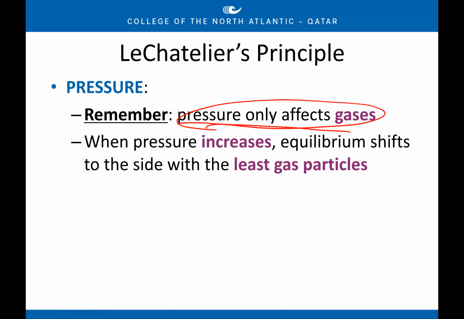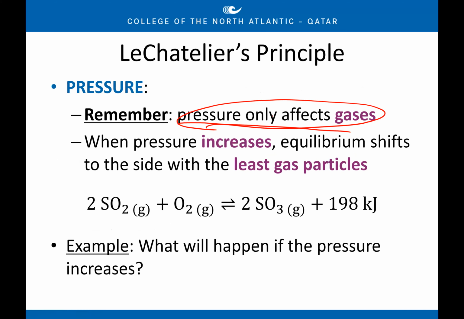Pressure only affects gases, and I just wanted to write that the relationship between pressure and volume is what we would call inverse. So if you increase the pressure, what you're actually doing is decreasing the volume. Or if you decrease the pressure, meaning you're letting things get a bit looser, there's less pressure, that would mean increasing the volume.